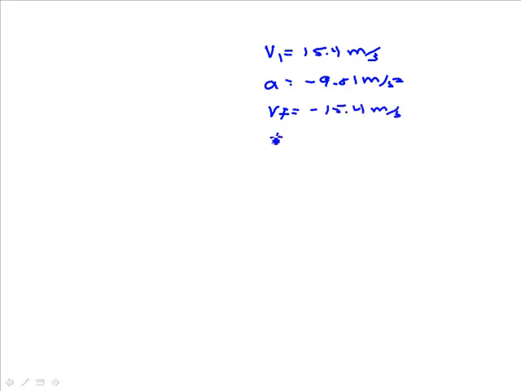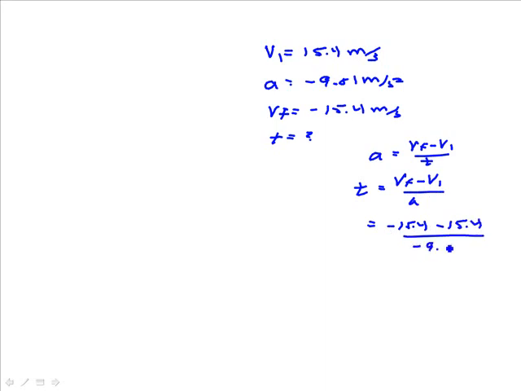To calculate the time we look at our 4 kinematic expressions. A equals Vf minus Vi over T seems to be the logical choice, because then T is equal to Vf minus Vi over A. Or in other words, negative 15.4 minus 15.4 divided by 9.81.